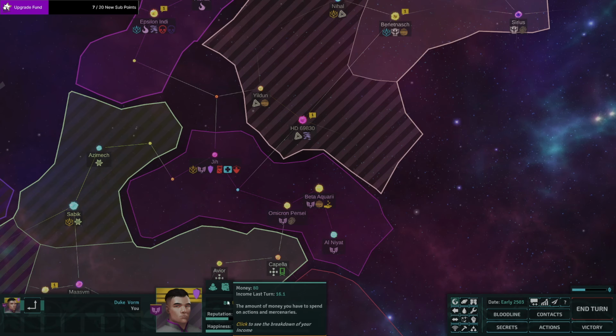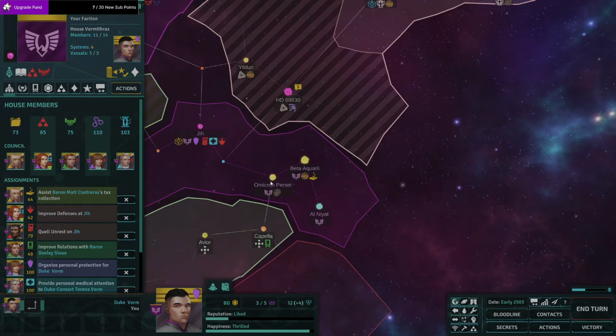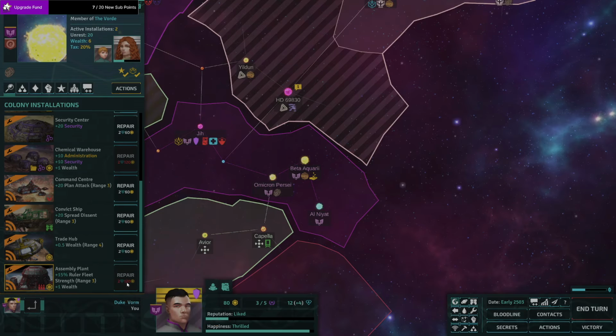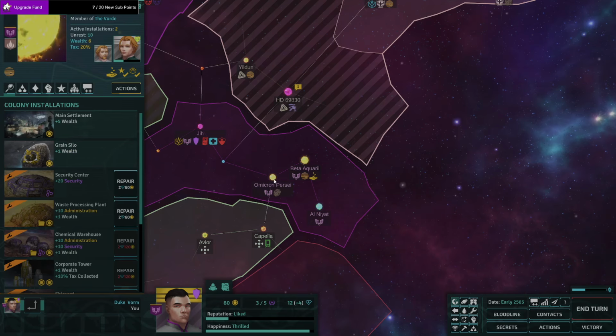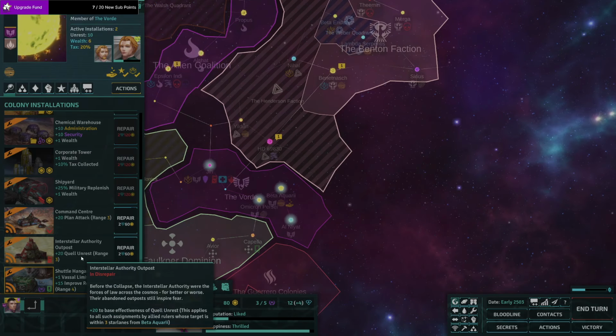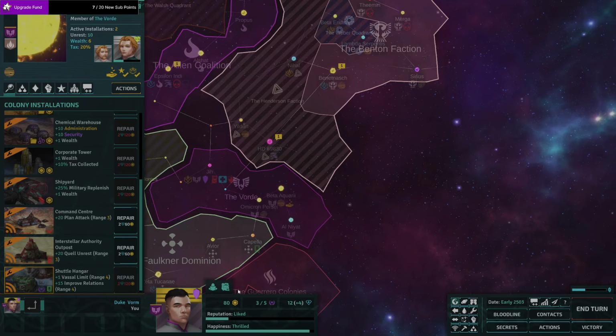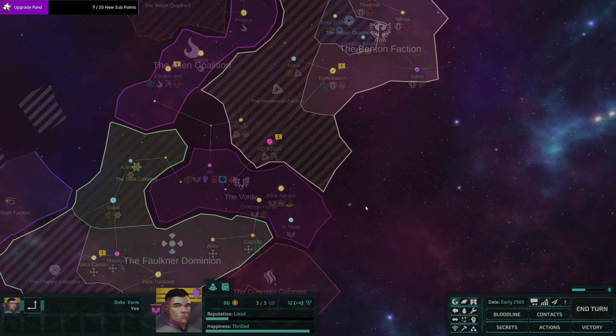I don't remember if it was a 60 or a 120. It's a 60 plus 20 to quell unrest, range of 3. But again, I'm trying to build up enough cash that I can have some available for events. So I'm going to hold off on that.